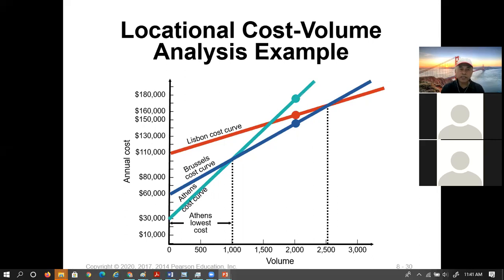For example, in Athens, the fixed cost is $30,000, and using the easy equation we can draw this line based on the linear equation, y equals A plus BX. Then we can see the slope, and we can determine the slope by this equation.